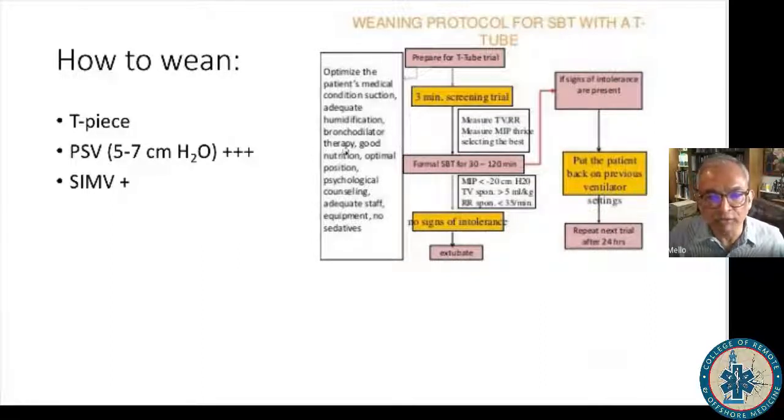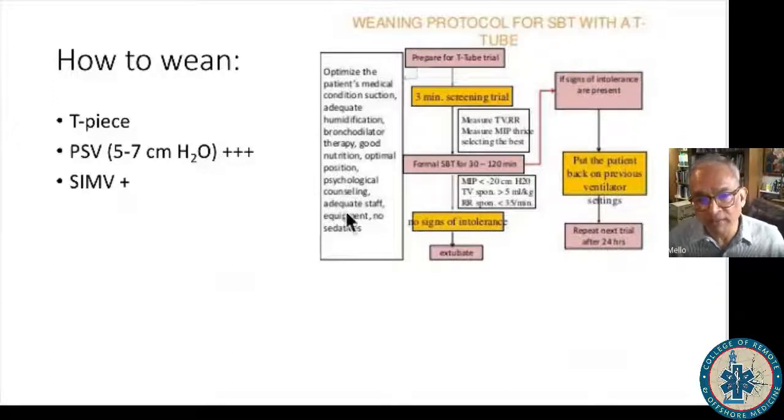The quicker you feed, the better. Optimal positioning, we know that a 30 degrees head up position, if there's no contraindication like in a spinal cord injury, is best in that it improves the mechanics of ventilation, but it also reduces the chance of aspiration of acid from the stomach.